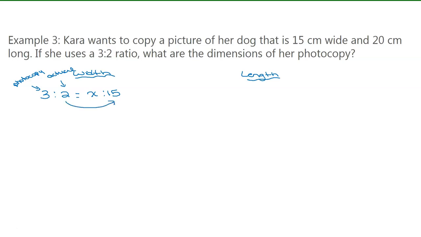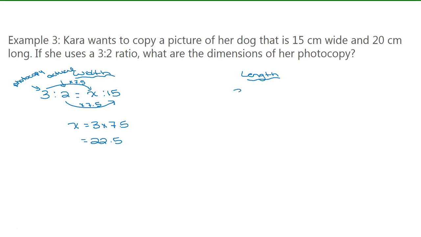So now let's figure out what 15 divided by 2 is. That is 7.5. So to find x, I multiply 3 by 7.5. So 3 times 7.5 is 22.5. So that is the width of the photocopy.